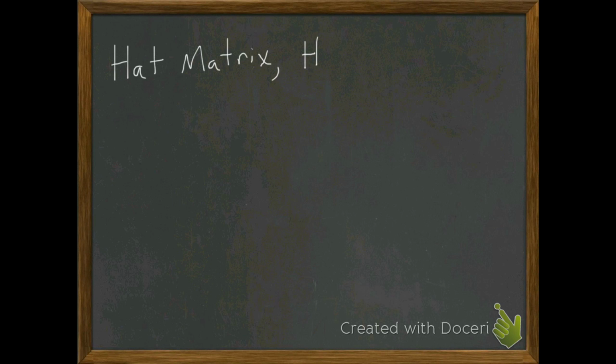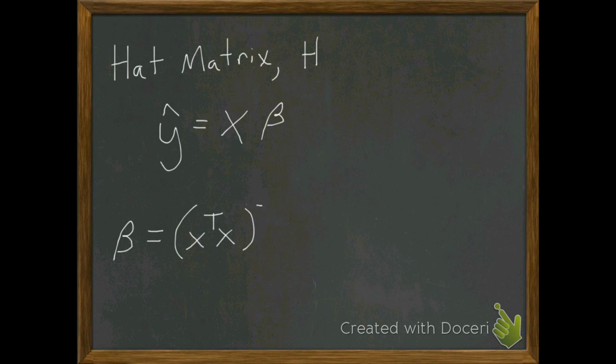Now, if you think about what we have so far, we have y hat is equal to x times beta, and we know that beta can be found by taking x transpose x inverse x transpose y.